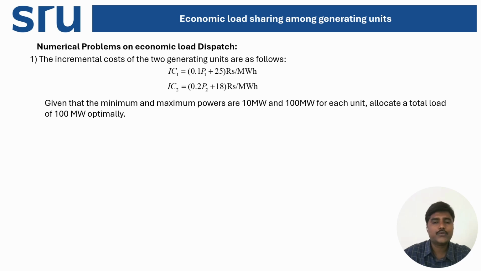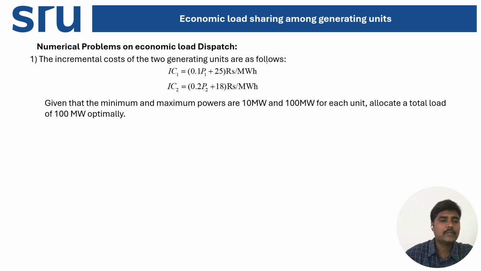So now let's try to solve one numerical problem based on these two conditions. The problem is given as follows: the incremental costs of two generating units are as follows. IC1, the incremental fuel cost of unit 1, is expressed as 0.1 P1 plus 25 rupees per megawatt hour, and IC2, the incremental fuel cost of unit 2, is equal to 0.2 P2 plus 18 rupees per megawatt hour.